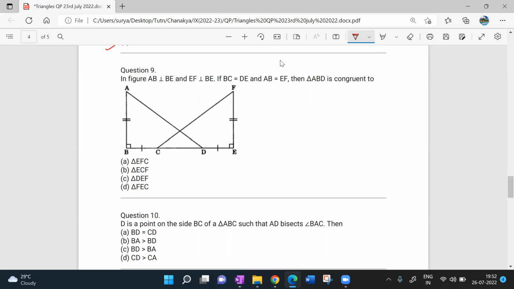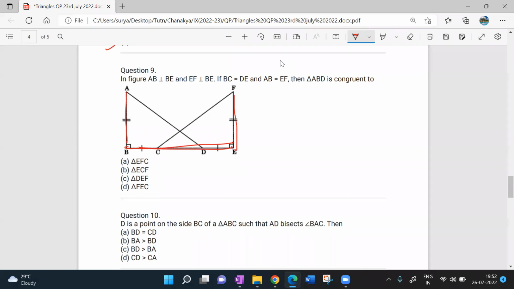In the given figure, AB is perpendicular to... Sir, it's FEC, ABD. So you don't even need to look at the picture. Look at it here, AB is perpendicular to BE, okay. EF is perpendicular to BE, okay.